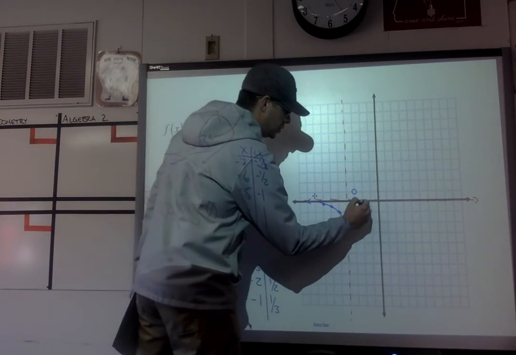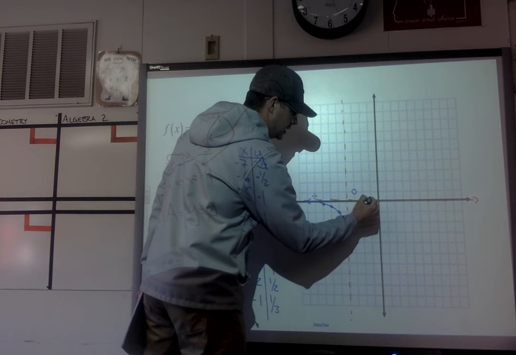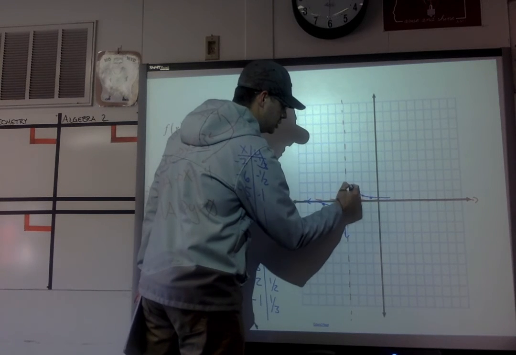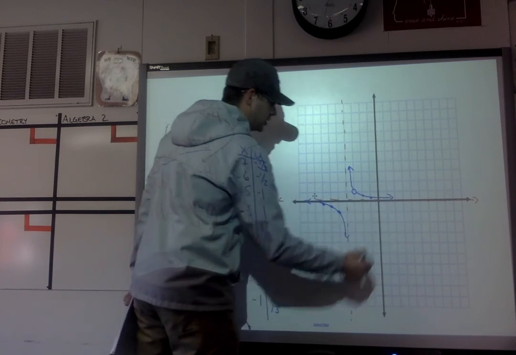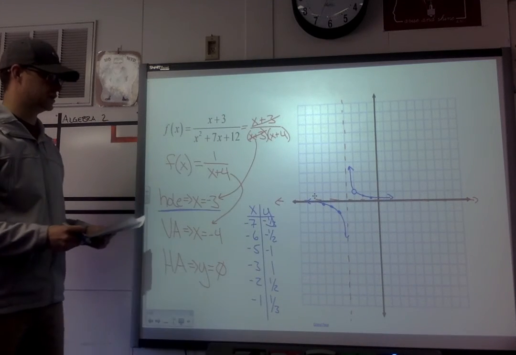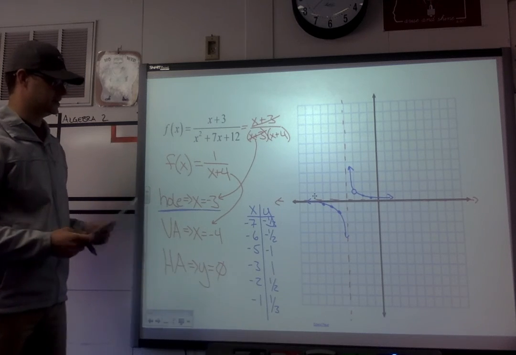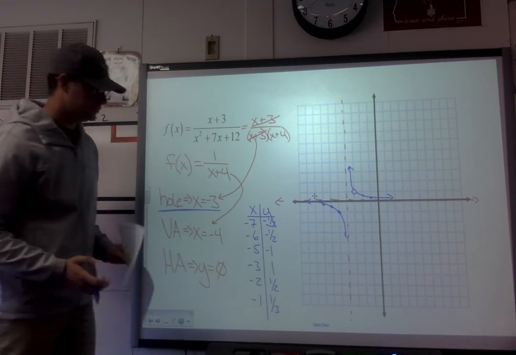Then negative 2, 1/2 and negative 1, 1/3. So it'll look like that with that open circle or that point of discontinuity at x equals negative 3.